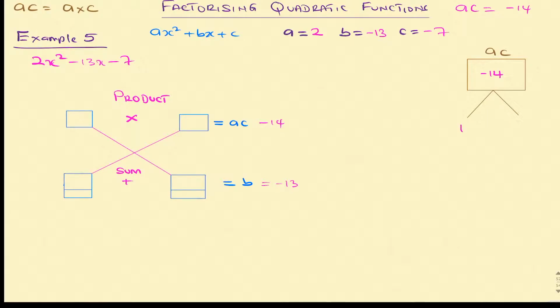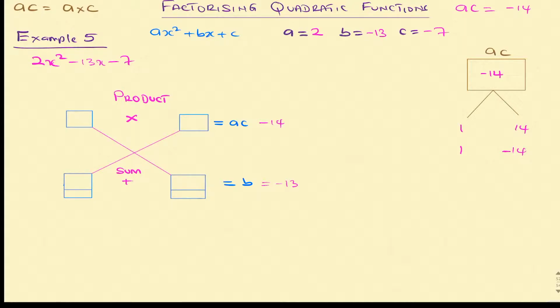Always try 1 and 14 first. Well, let's start with 1 and 14. 1 plus 14 is 15, so that wouldn't work. What about if we try 1 and minus 14? Well, that seems to be the number, right? 1 plus minus 14 is minus 13, and 1 times minus 14 is minus 14.